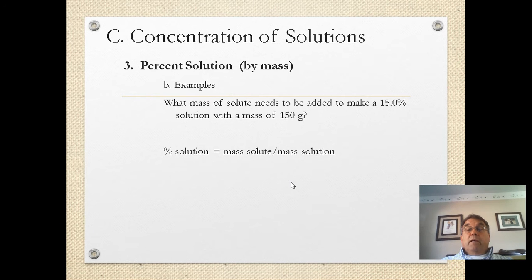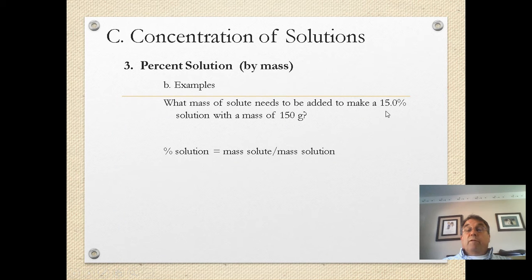Now I could also give you the percent of the solution and ask what mass of solute you would need to make 150 grams of the solution. Okay, so percent is part over whole, the part is the solute, the whole is the solution. So you just set it up.